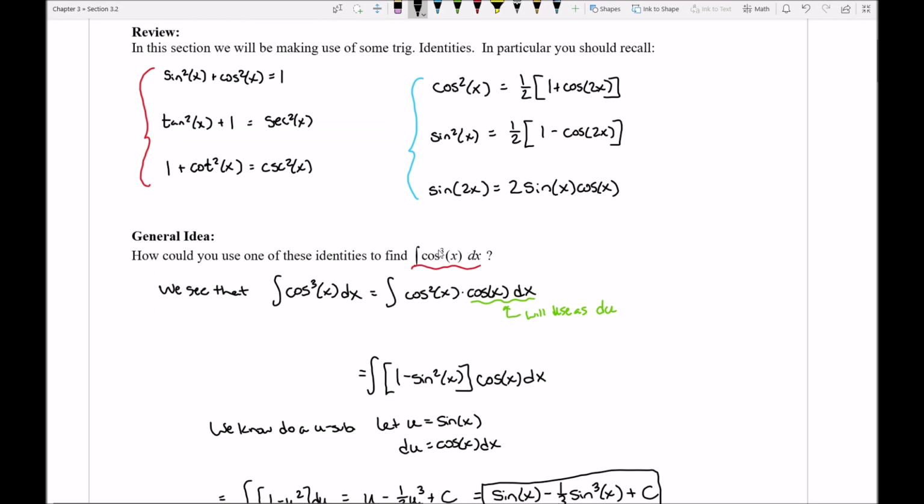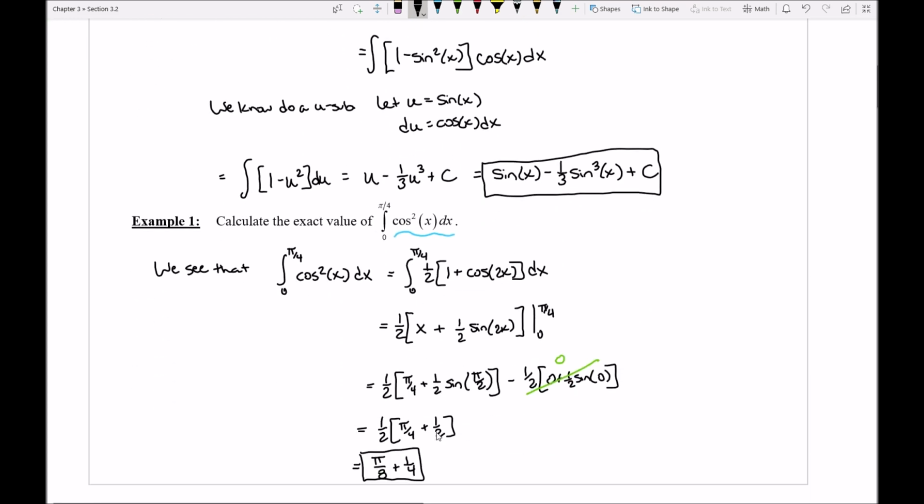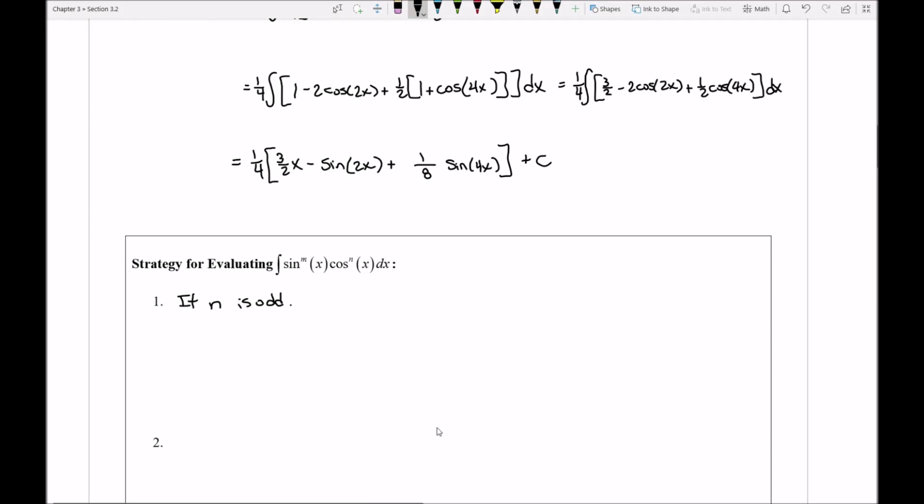When I have that odd power on the cosine, I can immediately start to think about saving a cosine to use as a du and changing everything else into sines, so I'm ready to do a u substitution. So I'm going to go ahead and try to summarize that. If n is odd, I'm going to save a factor of cosine of x to be a part of du.